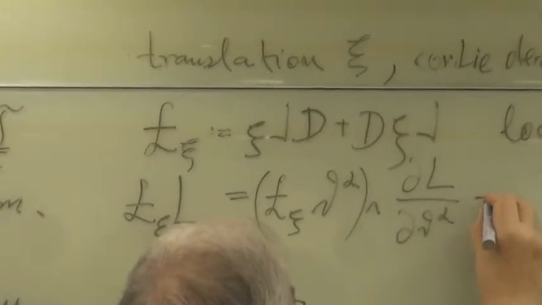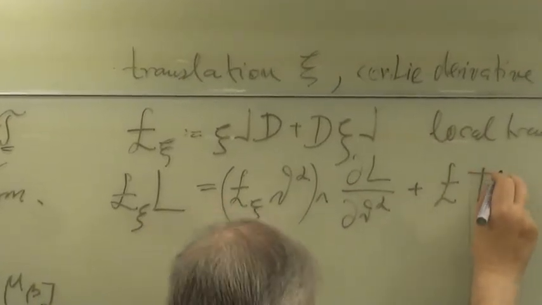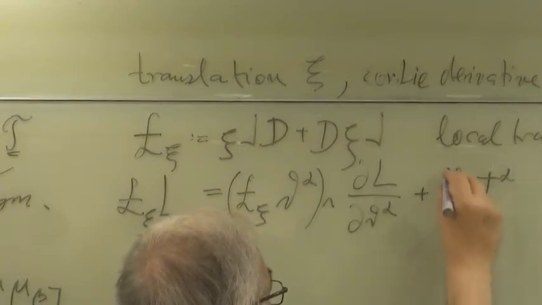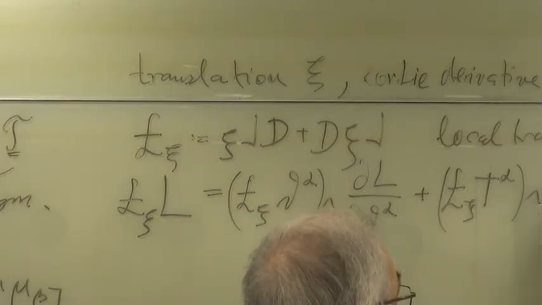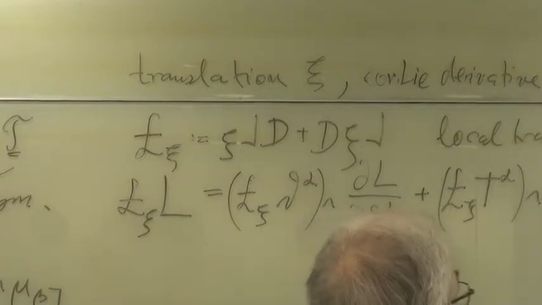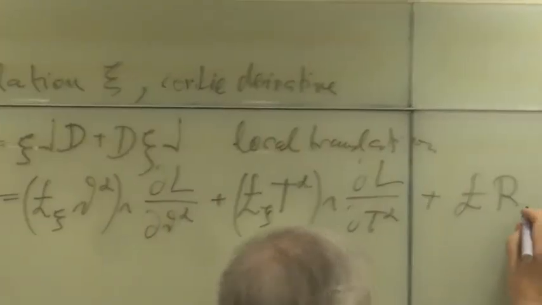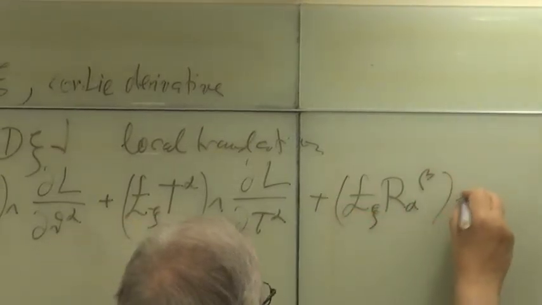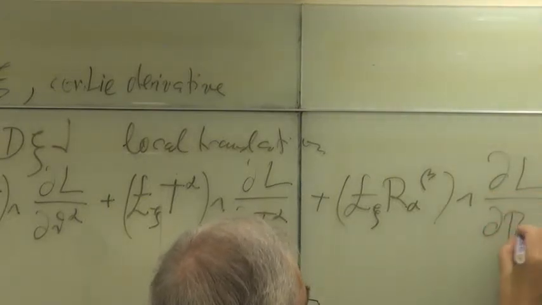And the same for torsion: Lie derivative applied to torsion T alpha with respect to the vector field psi, times dL over dT alpha, and the same for the curvature: plus Lie derivative of the curvature R alpha beta with respect to the vector field psi, times dL over dR alpha beta.